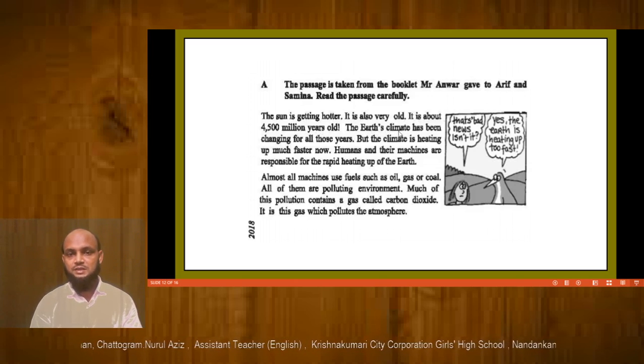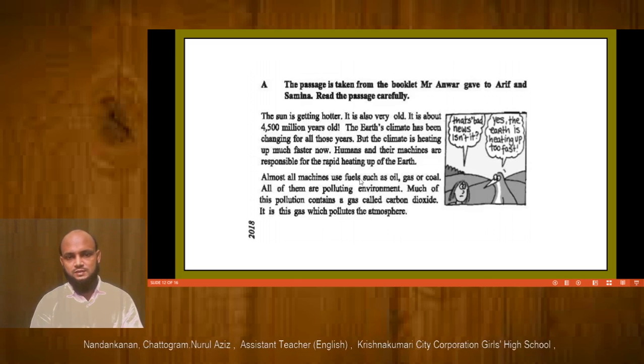The Earth's climate has been changing for all those years. That means 4,500 million years, the Earth's climate has been changing. But the climate is heating up much faster now. Humans and their machines are responsible for the rapid heating up of the earth.